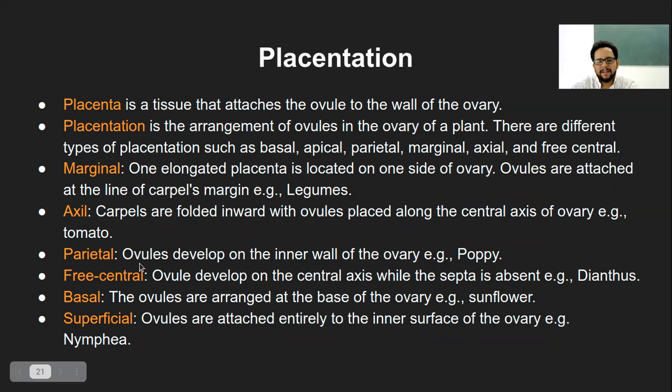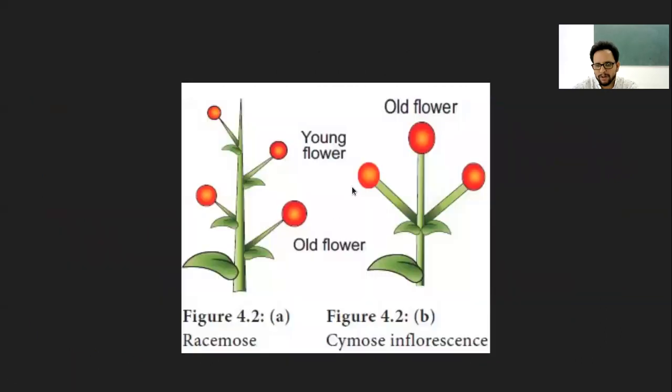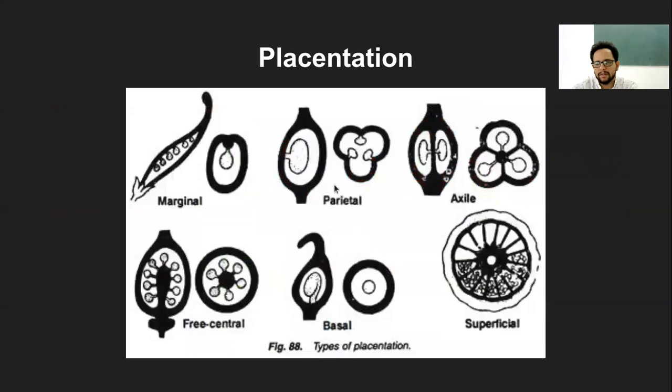Then the parietal placentation: these ovules develop on the inner wall of the ovary. The example given here is poppy. Now you might feel that these ones and these ones are similar, but in this case they are attached to the outer wall, and here they are attached to the inner wall of the ovary, and that way this becomes parietal.